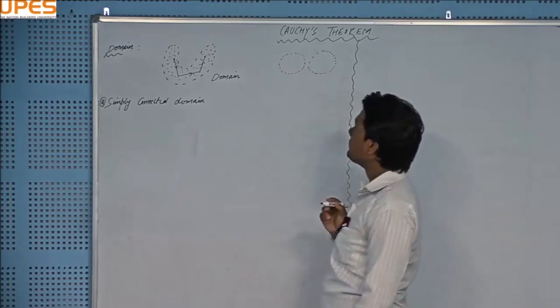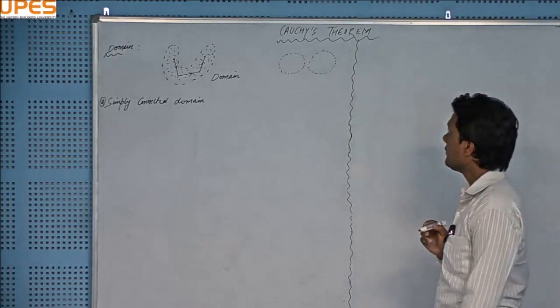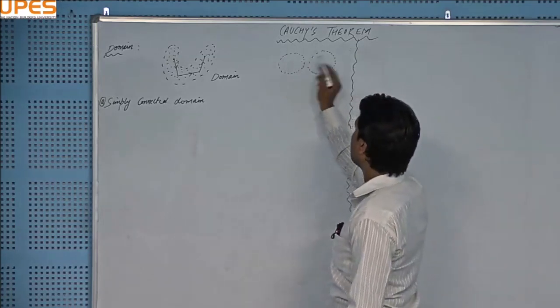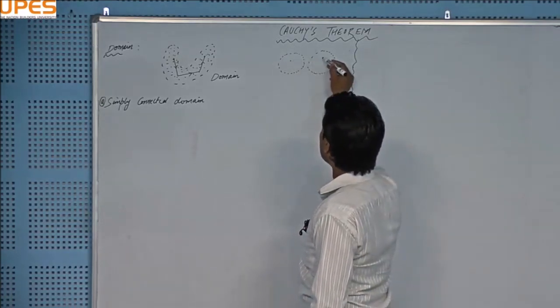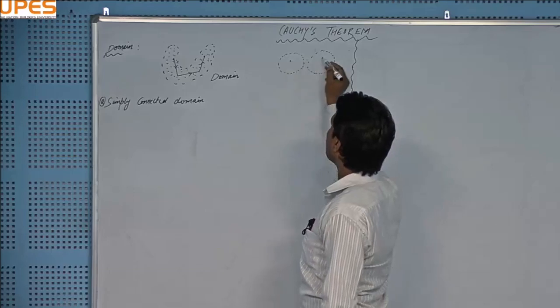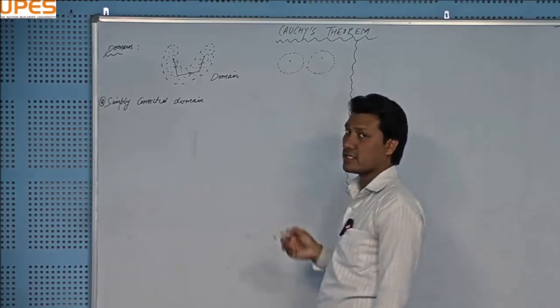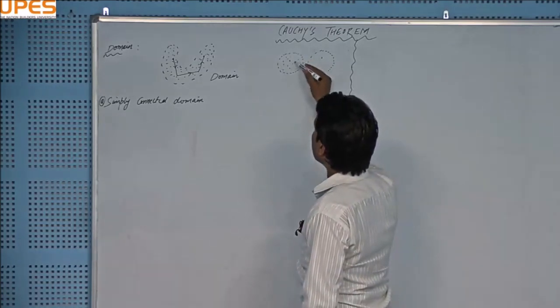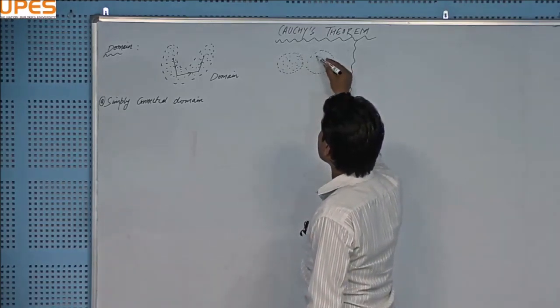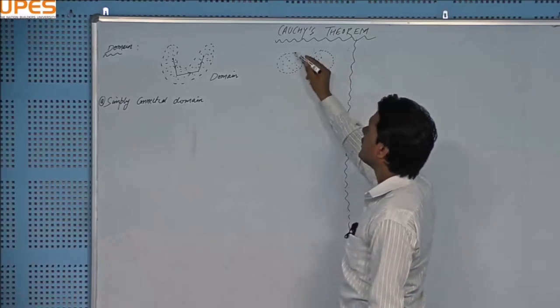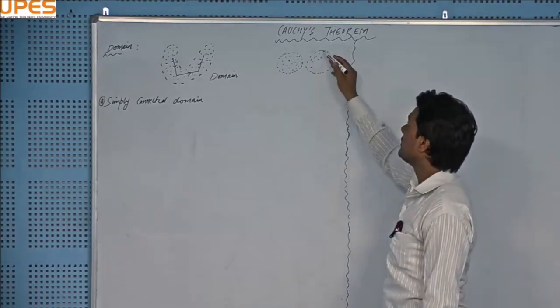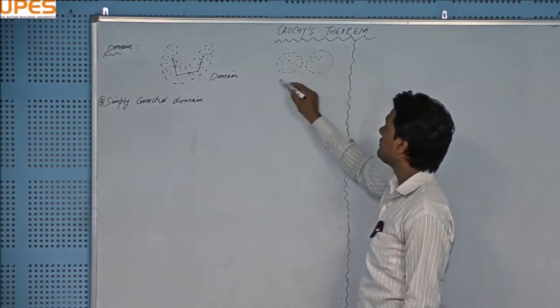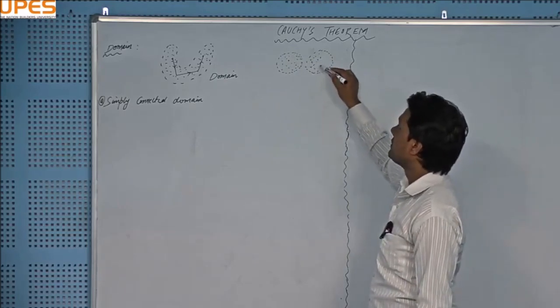So you can see that this is an example of a non-domain. If you take any 2 points, 1 point here and 1 point here, then you cannot join these points with a sequence of lines, all of those lines lying within the set, right? But individually they are domains, right? If you see this, individually it is a domain. This is also a domain, but collectively they will not form a domain, right?